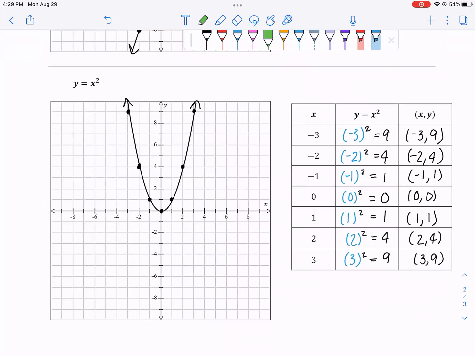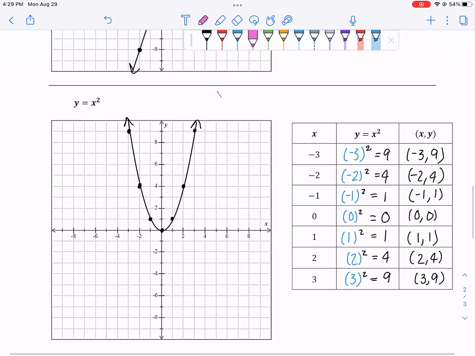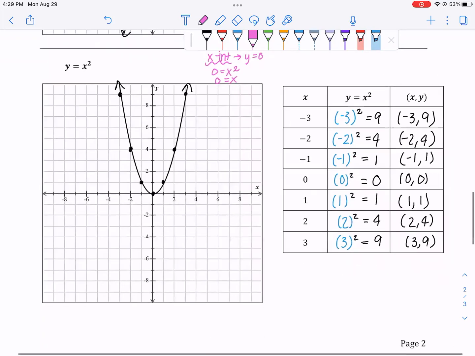Going down a little further, looking at y equals x squared. The x-intercept, again, is when y is equal to 0. So if I let y equal 0, we have 0 equals x squared. If you take the square root on both sides, you get 0 is equal to x, which makes sense, right?